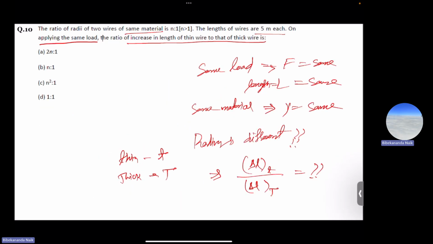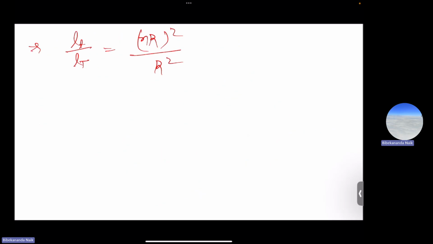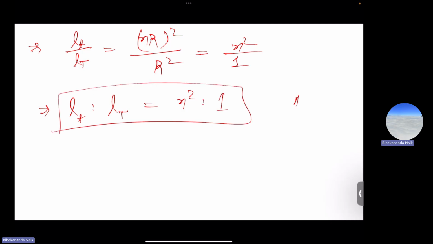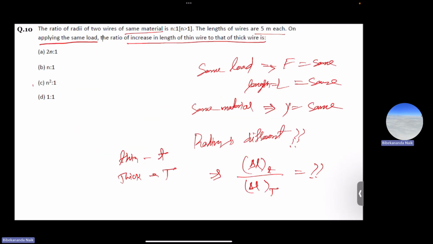So for thin radius is 1, for thick radius is n. So n by r square, so it will be n square by 1. So l small t to l capital T is n square is to 1. So the correct option is option C, n square is to 1.